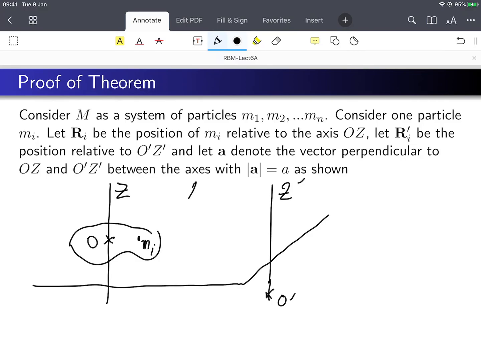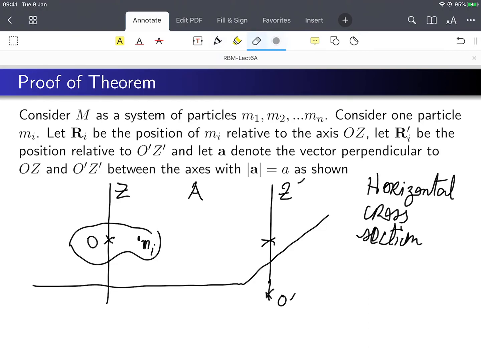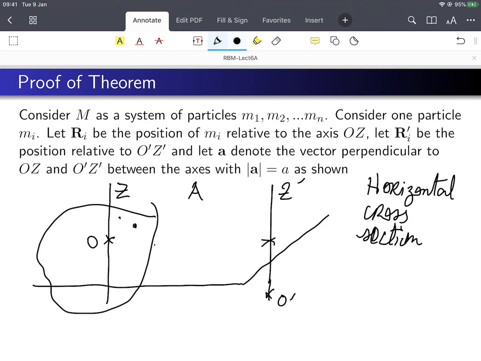and then I look from above at the horizontal cross section. It's going to look like this, right? It's going to be this intersection here. Mi, putting it here. I have O, and I have Ri.